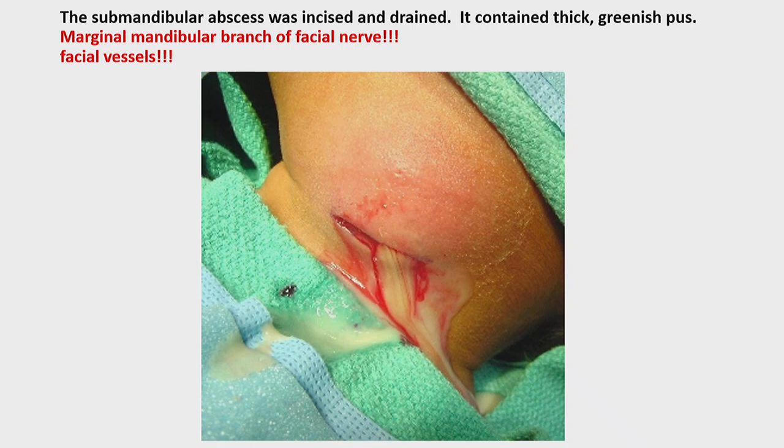Do you know why? This is the beauty of anatomy. Yes, he has an abscess. I don't cut exactly here. I go 2 fingers or 2 centimeters below the inferior margin of the mandible, and here I cut. Why? Three reasons. Tell me one.